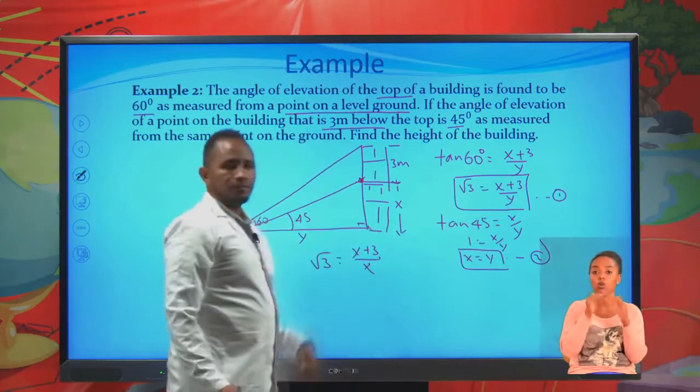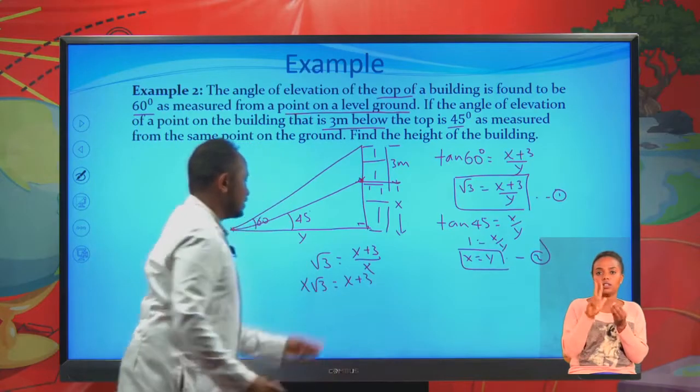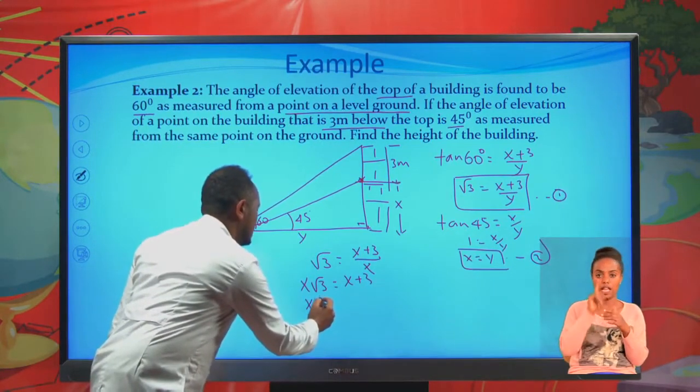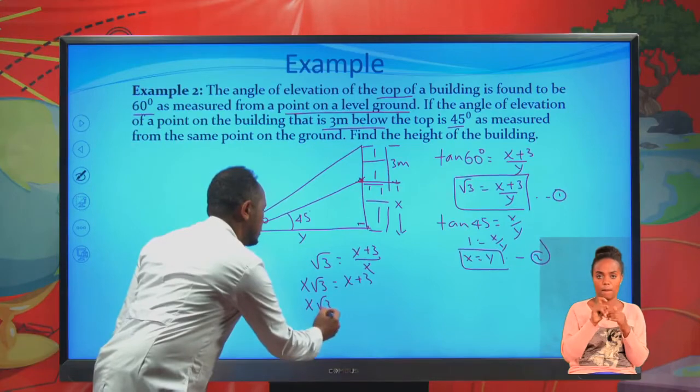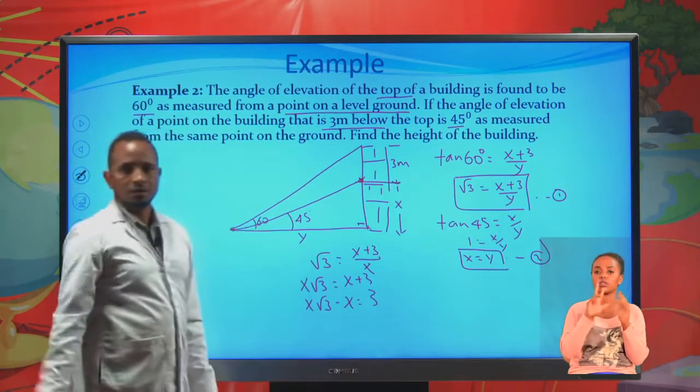So solving this, x root 3 is equal to x plus 3. So taking x to this side, you get x root 3 minus x is equal to 3.